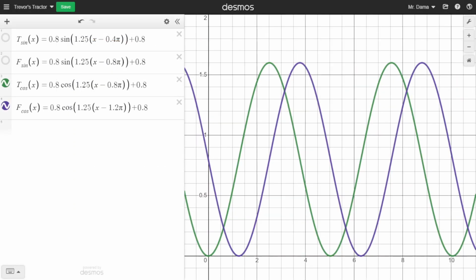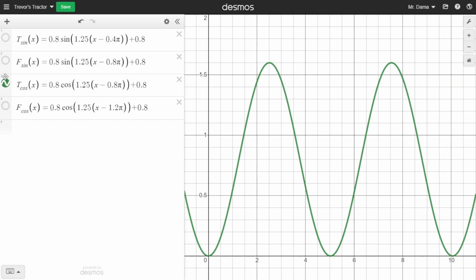So let's go back to Desmos. We're just looking at Trevor, and I'm going to get rid of all of this. I'm going to just use this. And what I want to know is, in the first 10 metres, so I've got 0 to 10 along this axis.